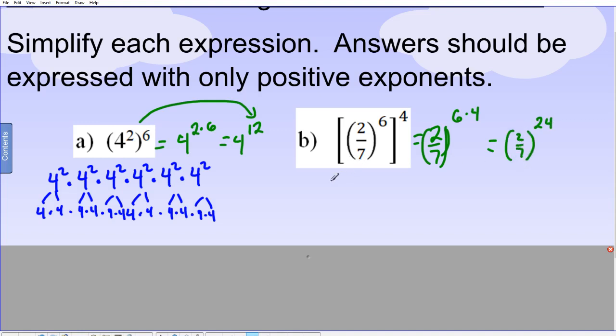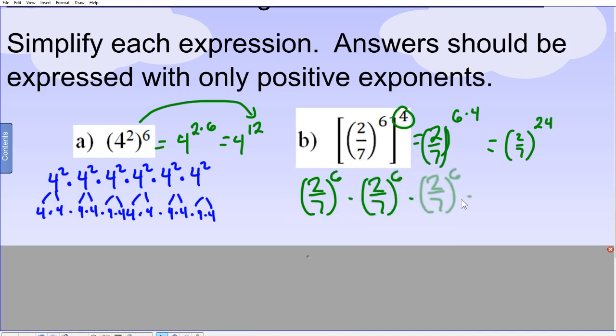Because again, this is 2/7 to the 6th power, 4 times. This times itself 4 times: 1, 2, 3, 4.